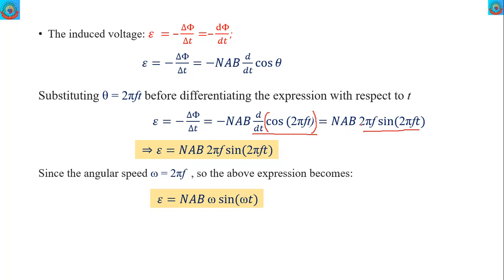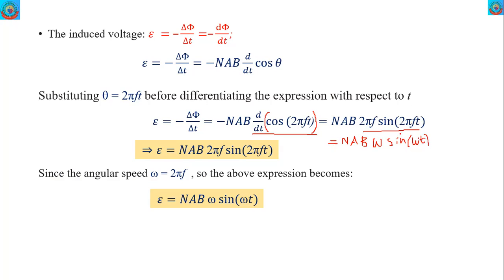So what we have done is cos 2 pi ft. Okay, so from that we get NAB 2 pi f sin 2 pi ft. Or which is equal to N the number of coils, A the area, B the magnetic field strength, omega meaning 2 pi f, and then sin omega t.